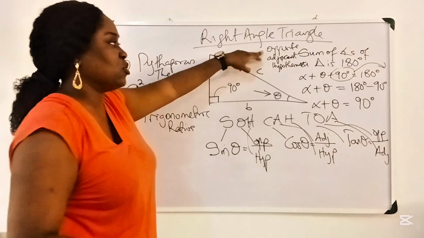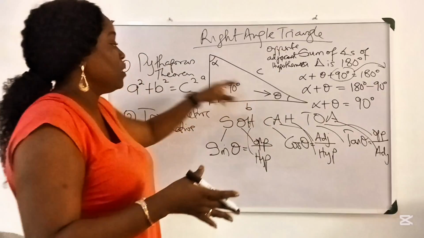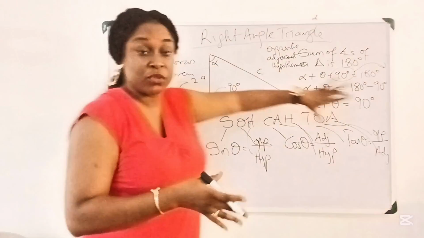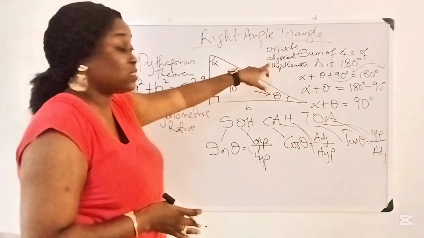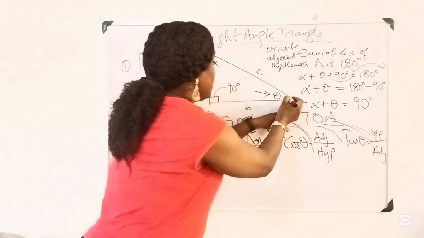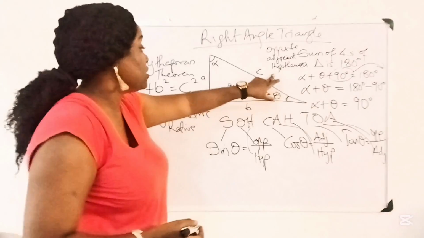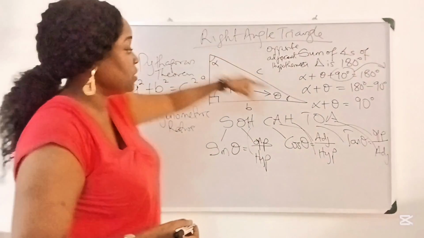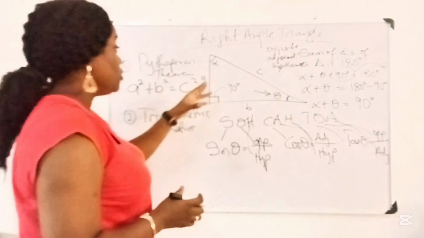The opposite stands for the side that faces the angle, the side that looks on the angle, while the adjacent side is the side that touches the angle. And the hypotenuse is the side that joins the opposite and the adjacent side.